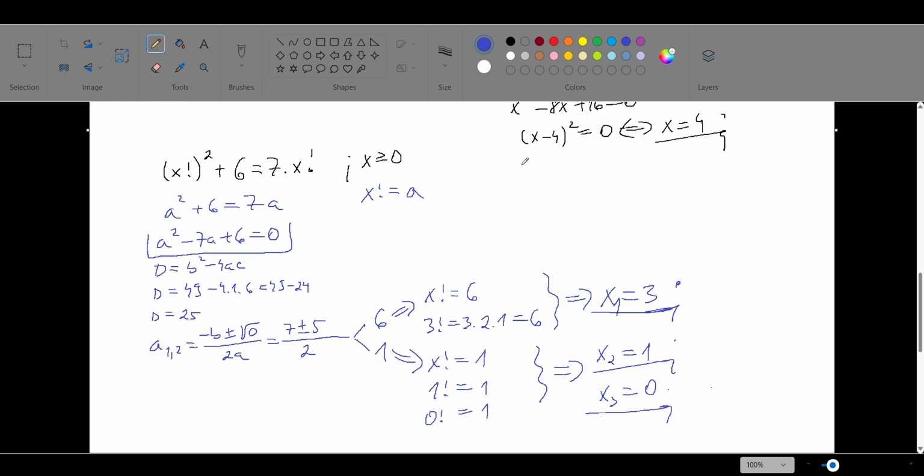Okay. If you want to, you can do the check and find out if this one is really true. Now at the very end, let me just give you one tricky equation to train yourself. (2 times x factorial) squared, plus 3 times x factorial, take away 7, is equal to 0.